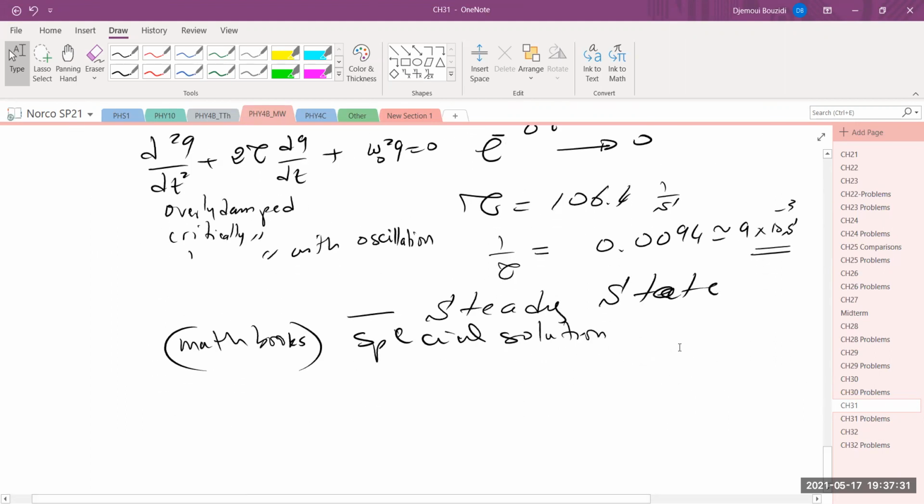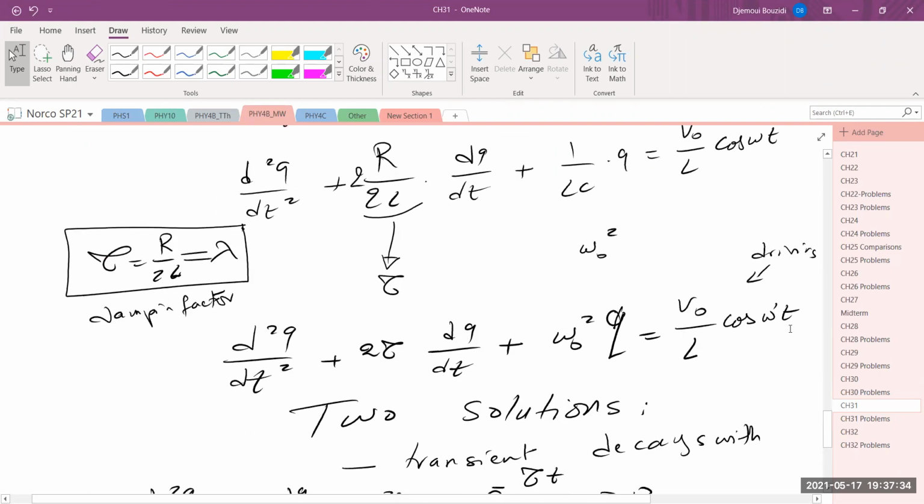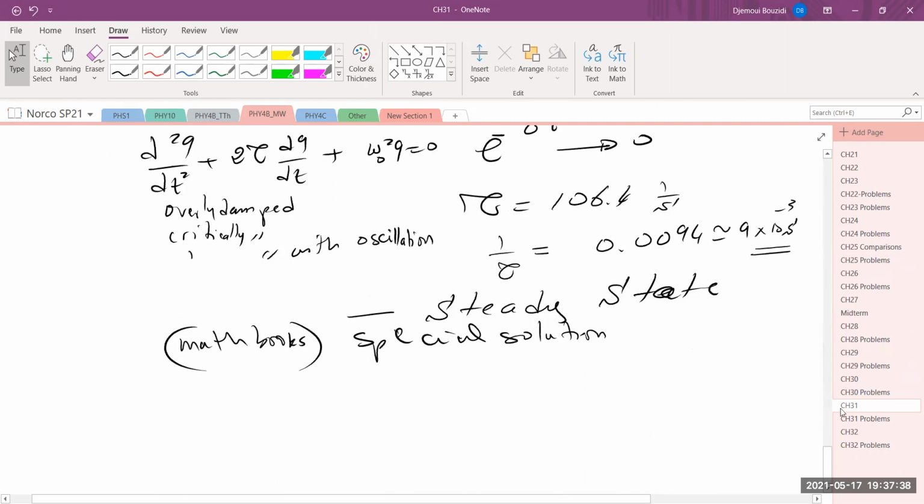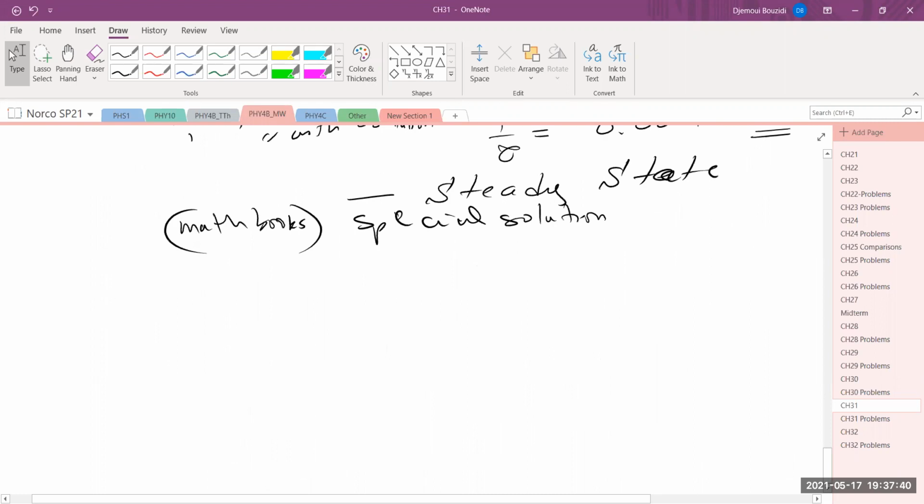Hopefully you guys will understand what that means, okay? Because Q is going to be a cosine, the current is going to be a sine of some sort. So I'm going to make the current I be some I naught, which I don't know and I need to find, times the sine of omega prime t, okay?